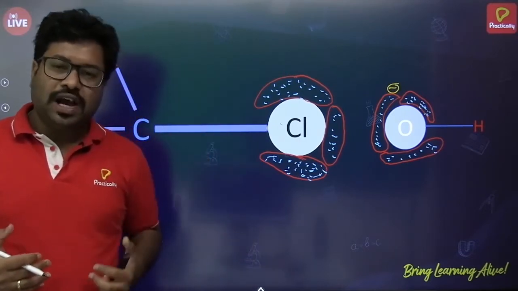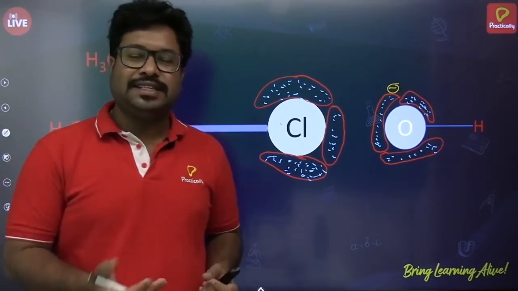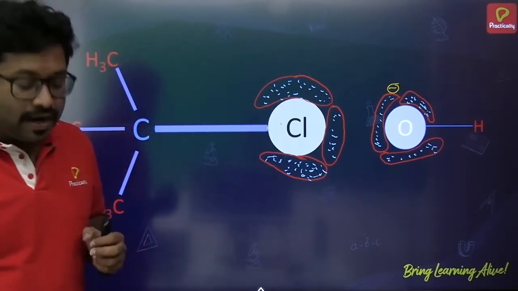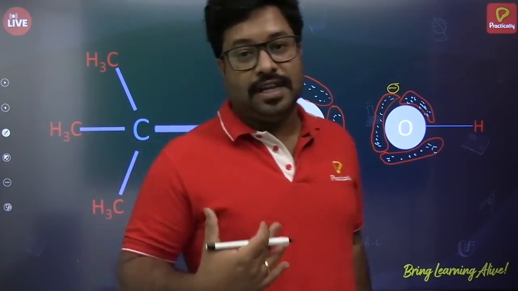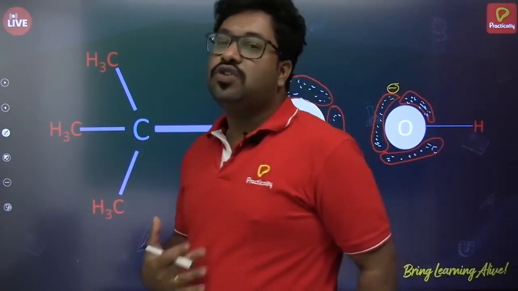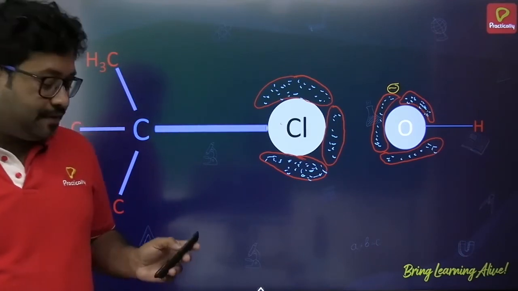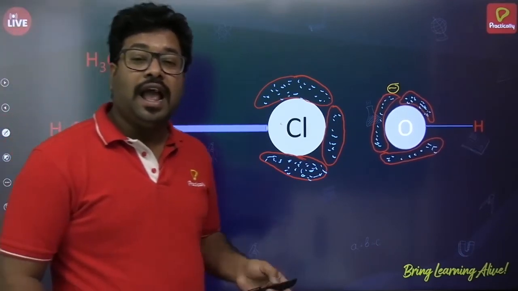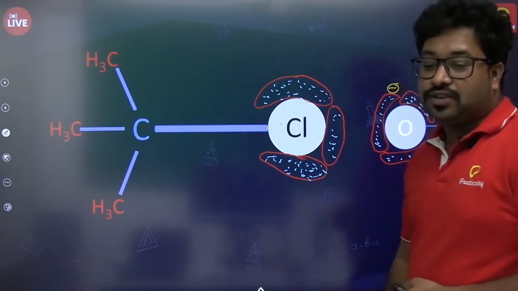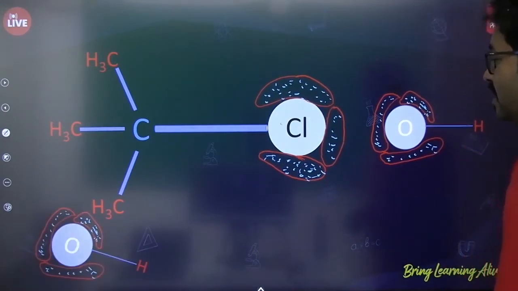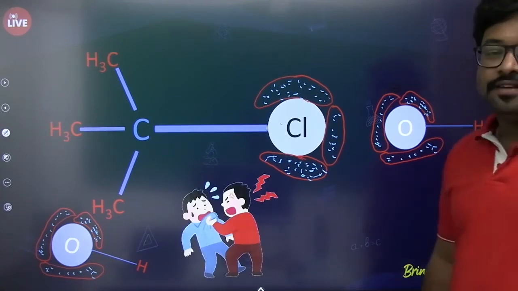The hydroxide ion is trying to attack the carbon from the front side, but chlorine is not allowing it to attack. Basically, there is a fight between chlorine and hydroxide ion, as you can see here.